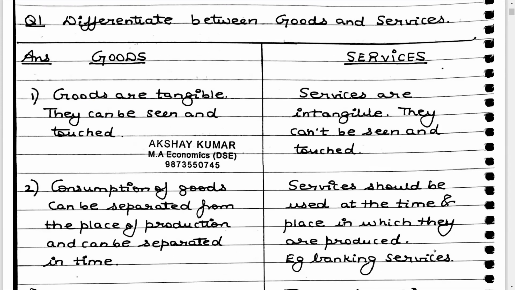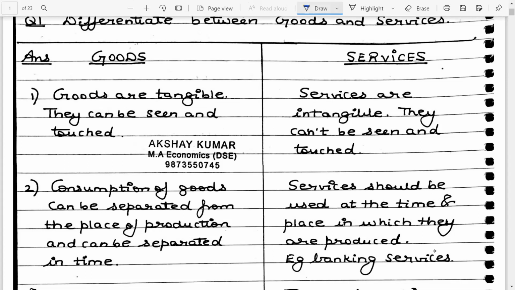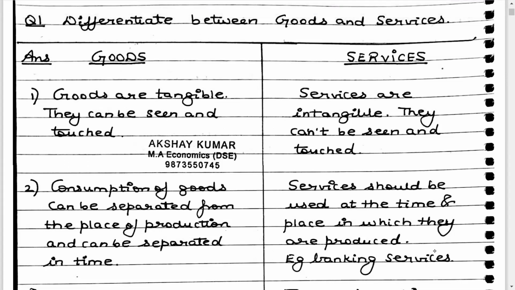Now on the screen, you can clearly see that we are looking at the difference between goods and services. The first point which students can see, that goods are tangible. You can see them, you can touch them. All the physical commodities are tangible.